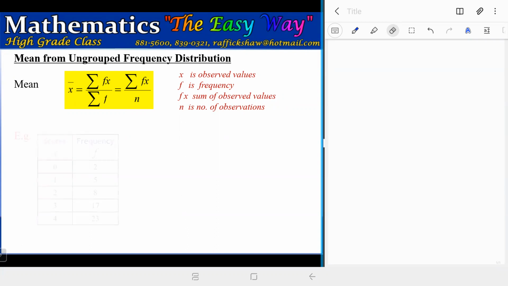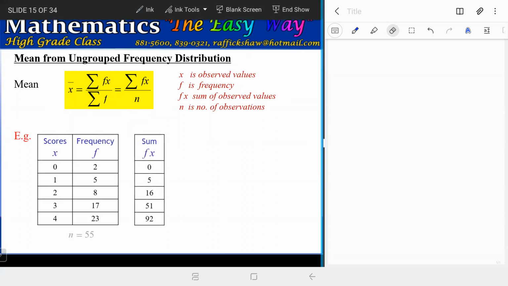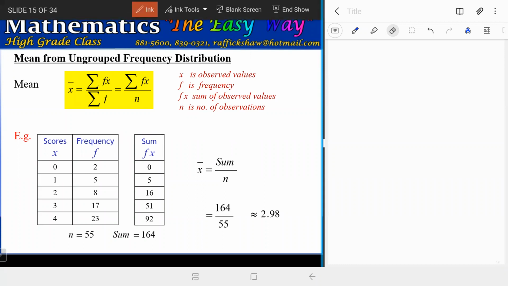From this table, when we do the sum column, we get the number of values is 55, and the sum of all the values is 164. So you divide them, and the mean works out to 2.98. So 2.98 is the mean of these scores.